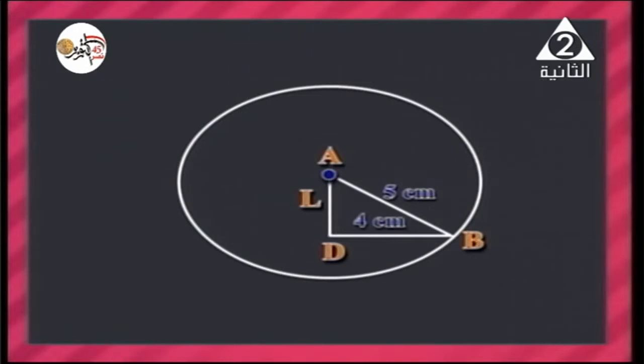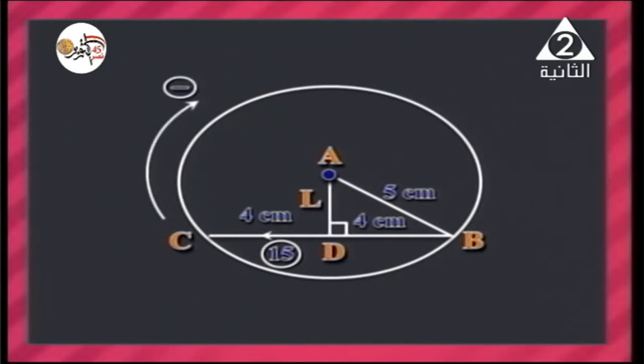What is the norm of AD? L equals 3 centimeter by using the Pythagoras theorem: L equals the square root of 5 squared minus 4 squared, which equals 3. To find the moment about A, find the value of F times the length of AD.